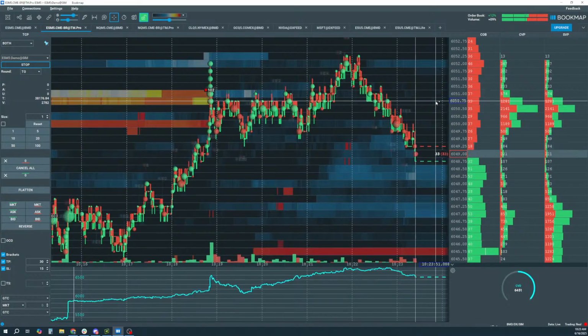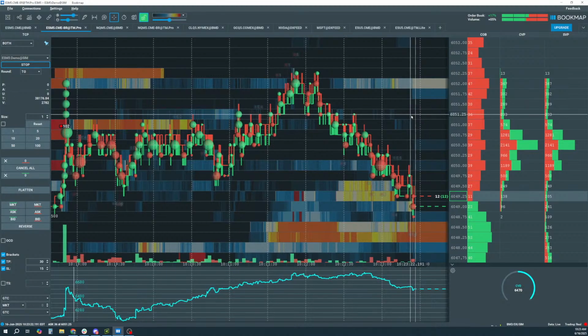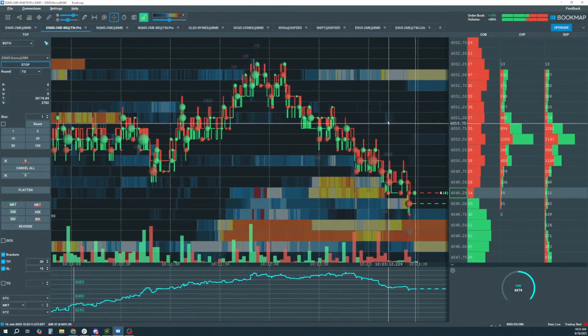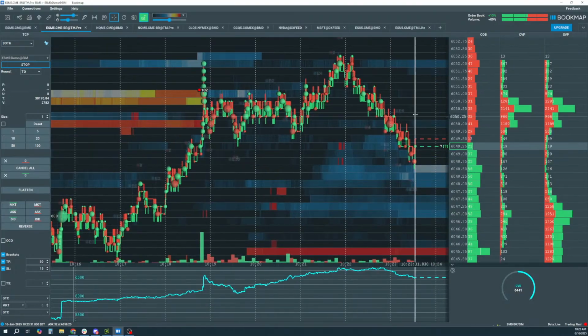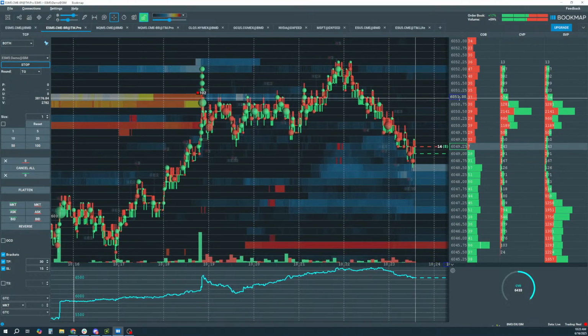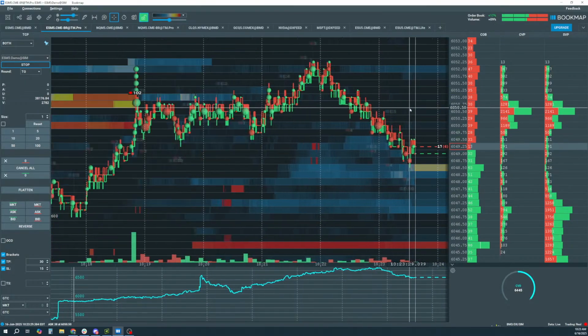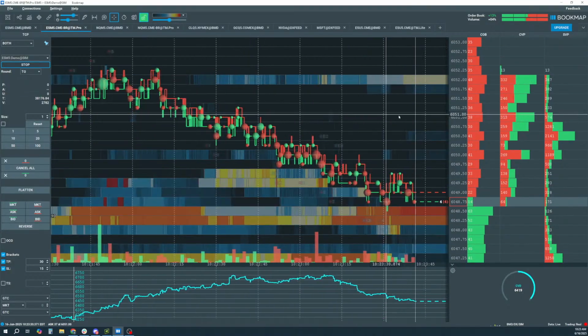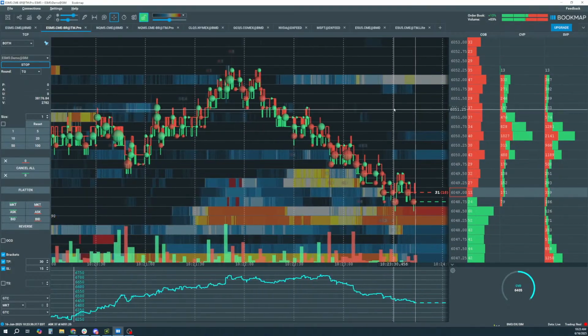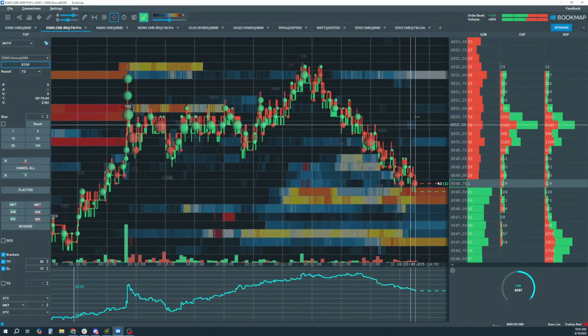Okay, guys, you know what? I want to cover something in here. We've been talking about this, and it's not really a setup, but it's more about market mechanics. We've covered it for a long time, actually, but I've been focusing on it a lot lately.